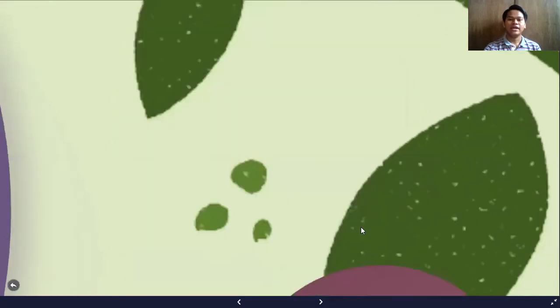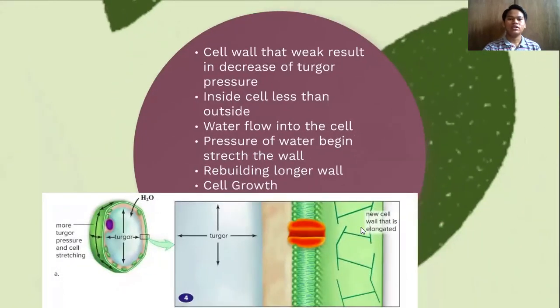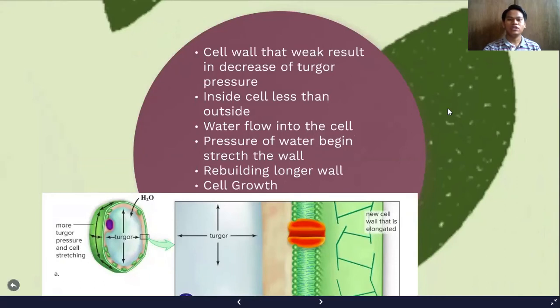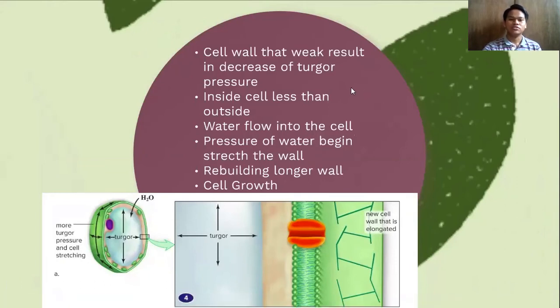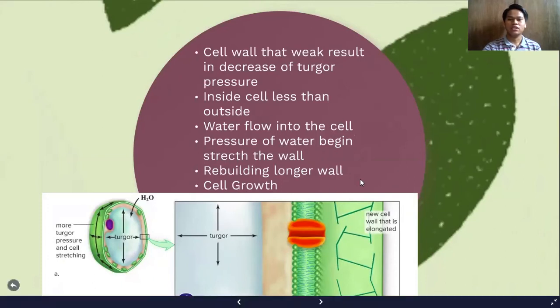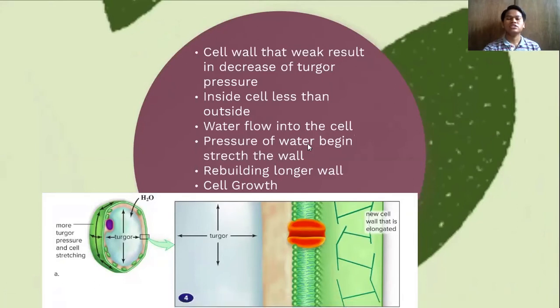After that, when the cell wall becomes weak, it will result in a decrease of turgor pressure. Basically, when the cell wall is already weak, the turgor pressure on this side will decrease. So the turgor pressure inside the cell will be less than outside.